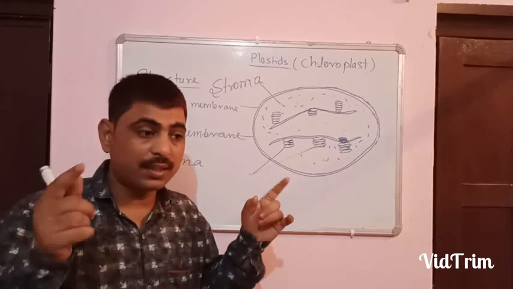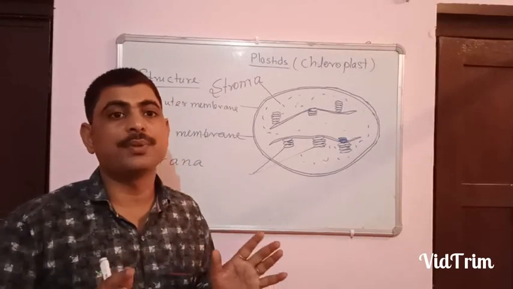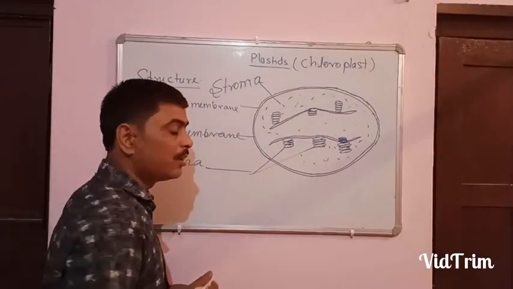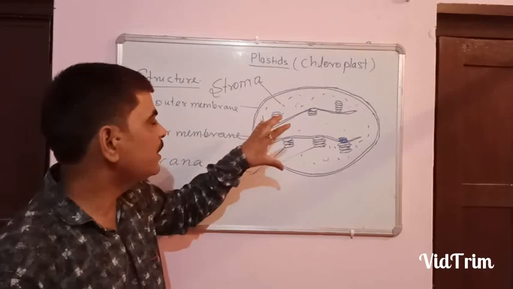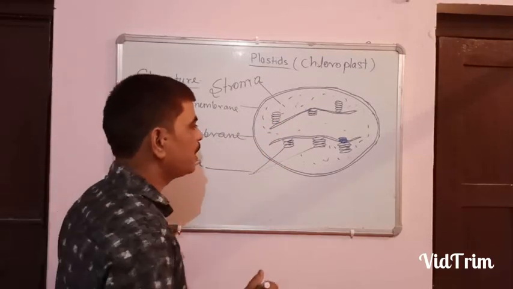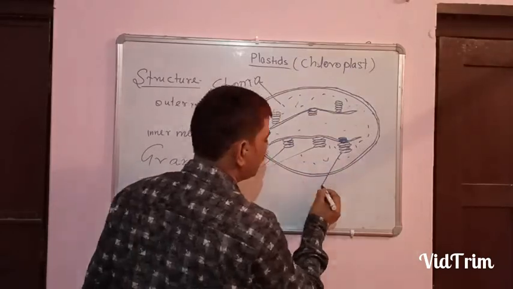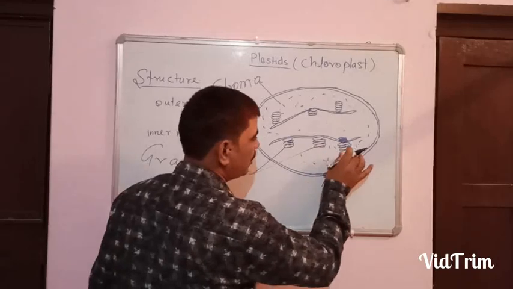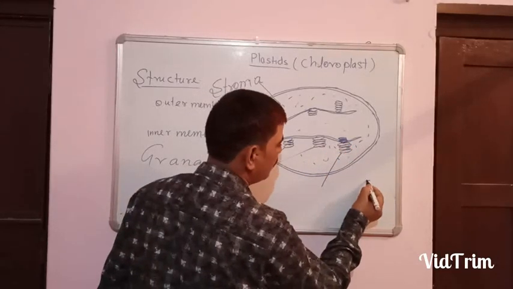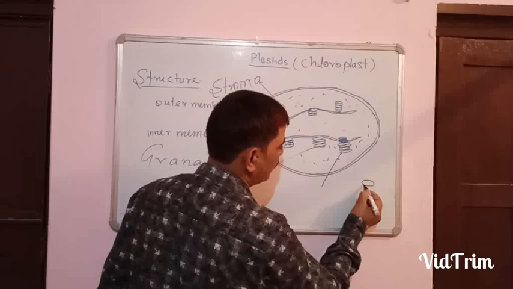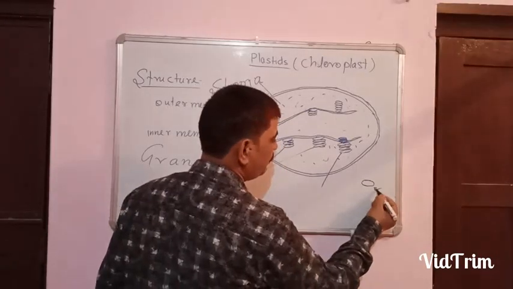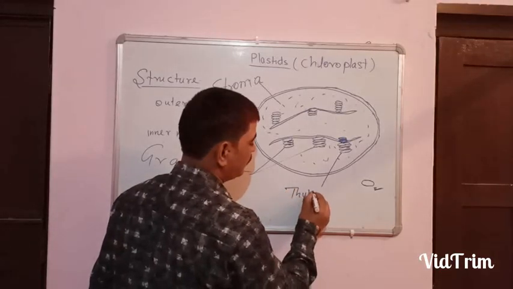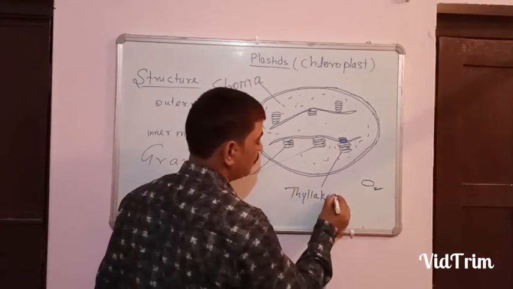In mitochondria the inner membrane folds are not free, but here in the mature chloroplast they are free. These free membranes form a membrane bounded oval sac-like structure, and these are called thylakoids.